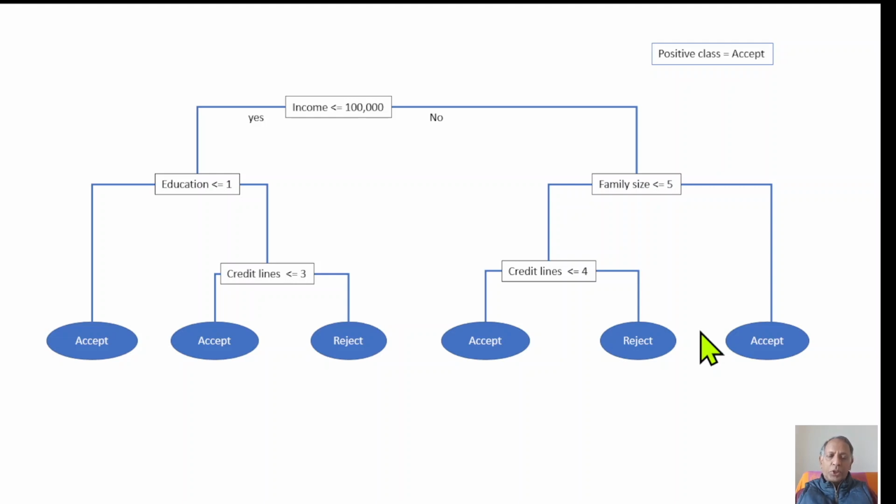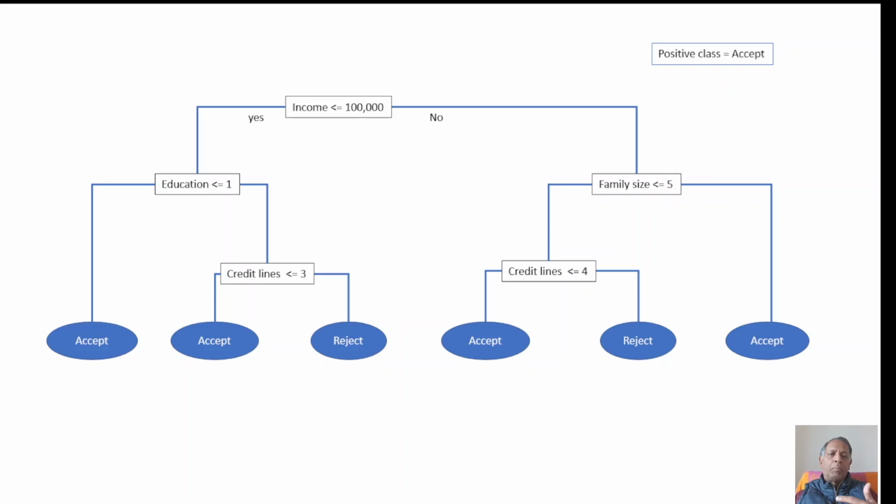Okay, so we will first understand or review how, once the tree is built, we use it for classification. And then we'll go on to look at some principles using which the computer actually figured out that this is the best classification tree. Okay, now before that, let's set the context. The context is that let's say we've got a bank, and this bank has many loan applicants, and it's got, of course, information about them.